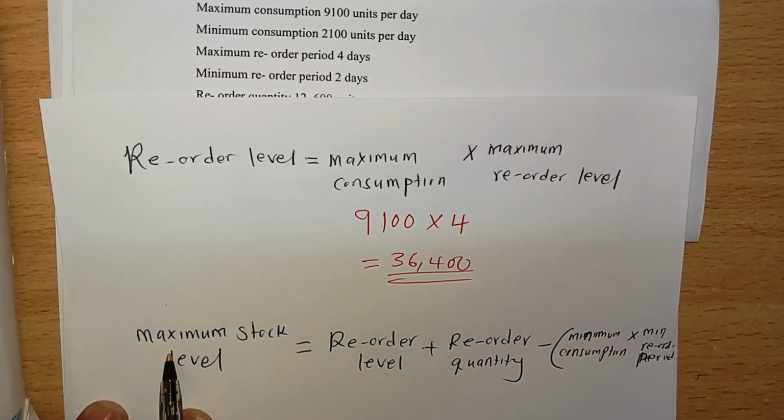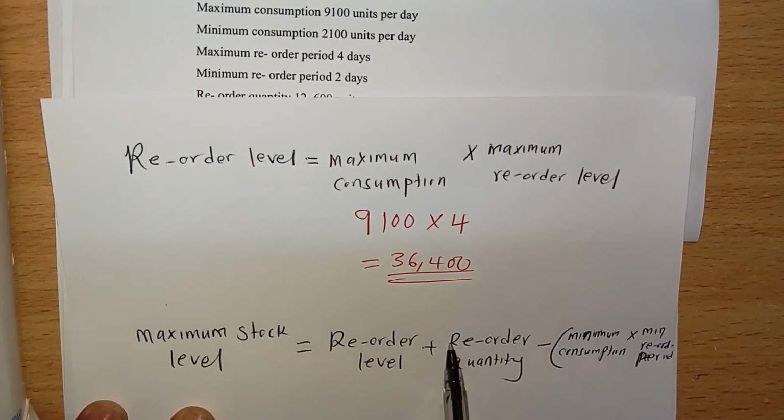So maximum stock level is the reorder level plus the reorder quantity, less the minimum consumption multiplied by the minimum reorder period.